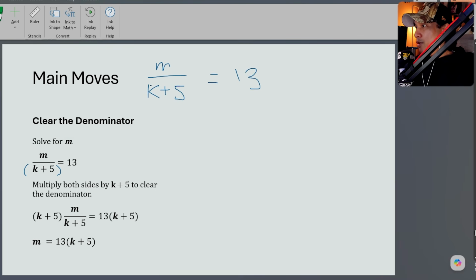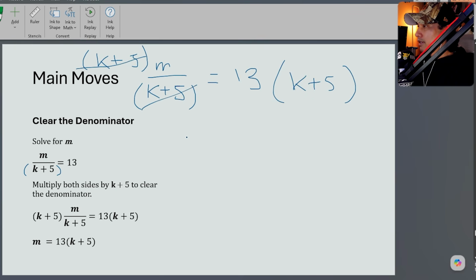I chose v because I was too lazy to write k plus 5 on each side. So you must multiply by k plus 5, and multiply k plus 5 on the other side, and these cancel each other out. And then you're left with m equals 13 times k plus 5.